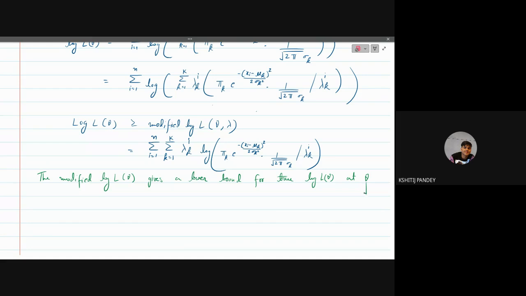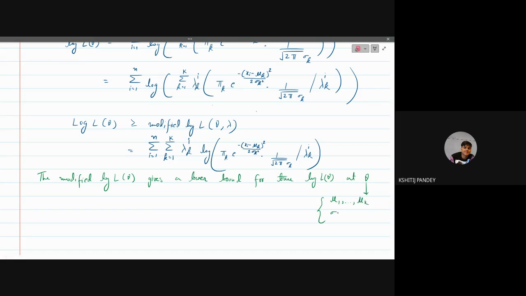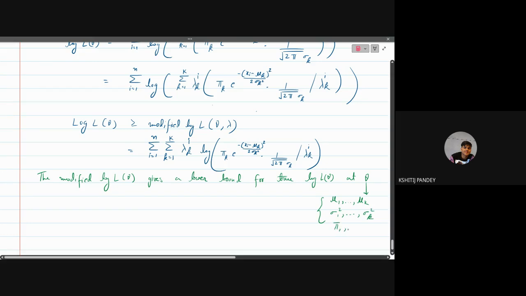By theta we mean all your mu's, mu1 to mu k, all your sigmas, sigma 1 square to sigma k square, and all your pi's from pi 1 to pi k. All this we will denote by theta.